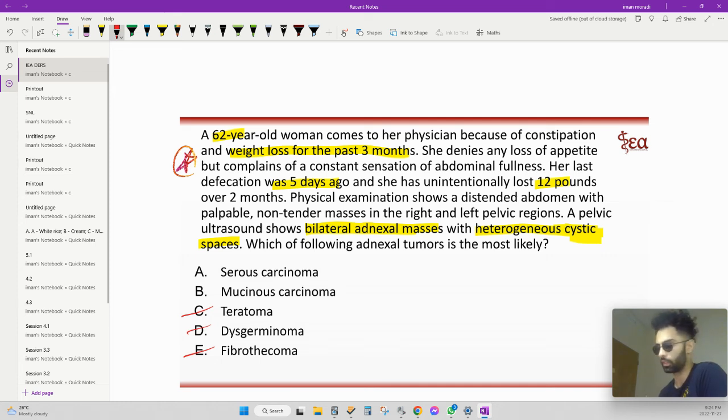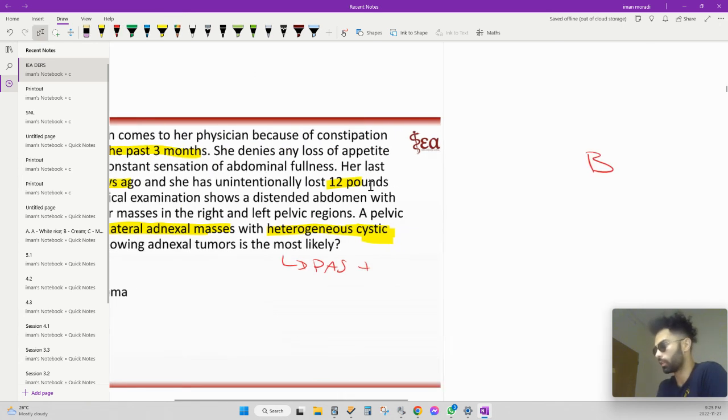Again, like I've said 50 times, metastasis from the diffuse type of stomach cancer into the ovaries has single cells, right? Here we don't have single cells. So I'm going to go with the more common one. We don't have a description of mucin. If we had, say, PAS positive, then I would go with the mucinous. But serous is more common, so I'm going to go with the serous one.